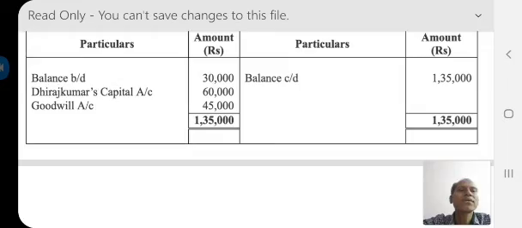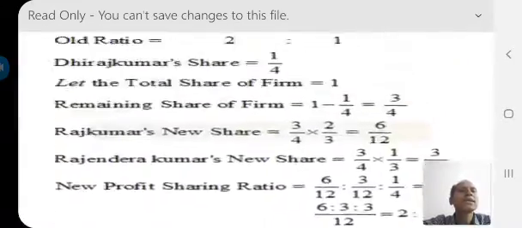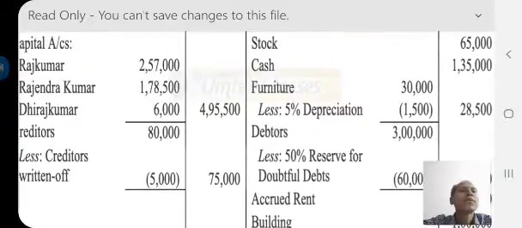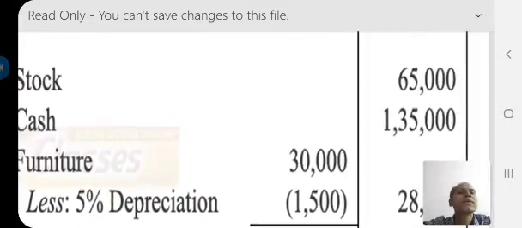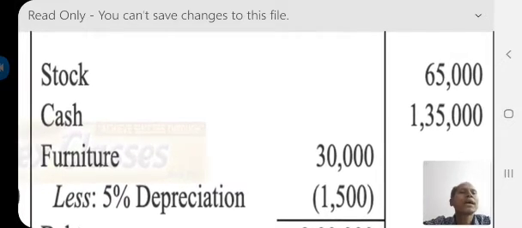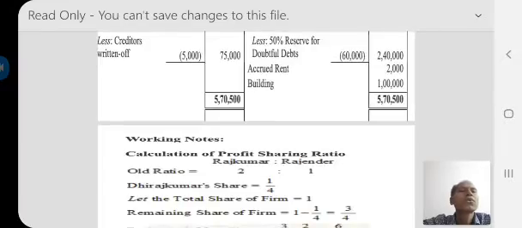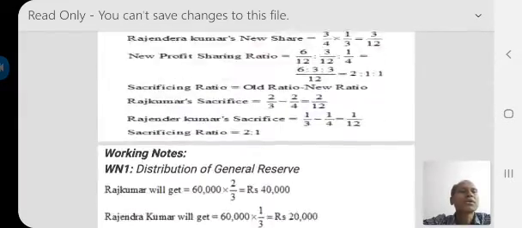So 1,35,000 we shall see in the balance sheet. See here the cash is 1,35,000. Okay. So this is regarding the cash.